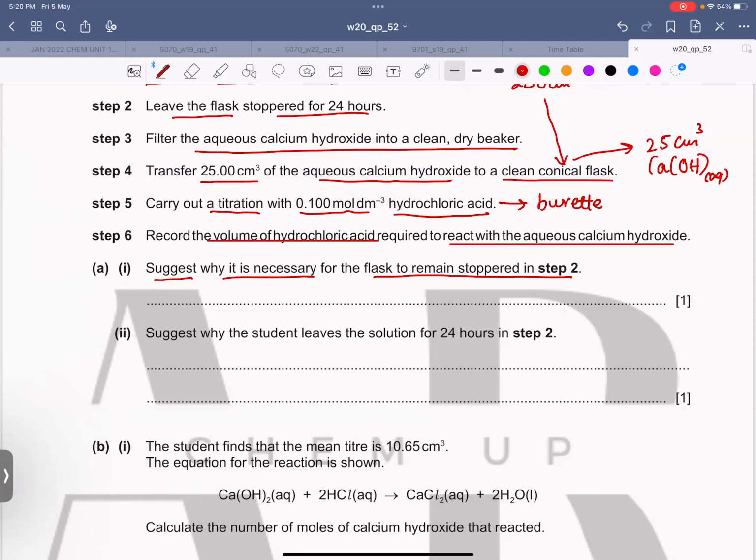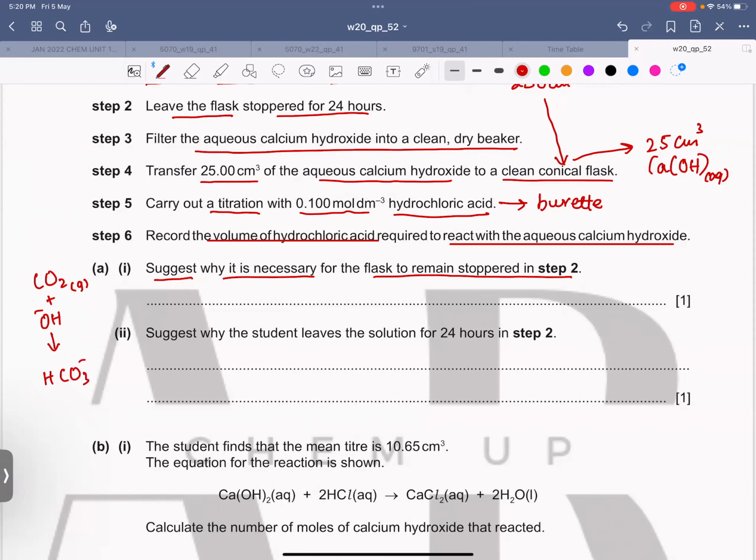Yeah, because we are dissolving calcium hydroxide, which is alkaline, and in air we have carbon dioxide gas, and that carbon dioxide can react with the hydroxide ions to form hydrogen carbonate ions.